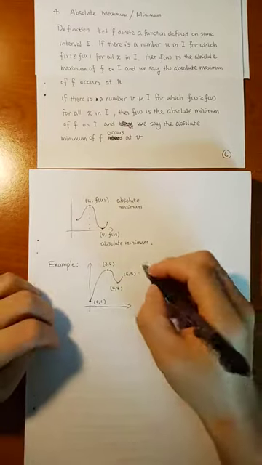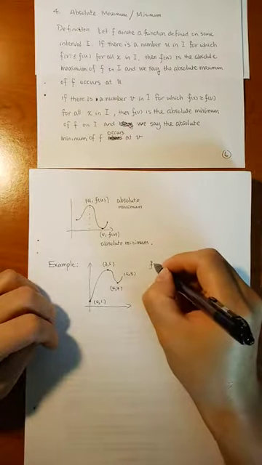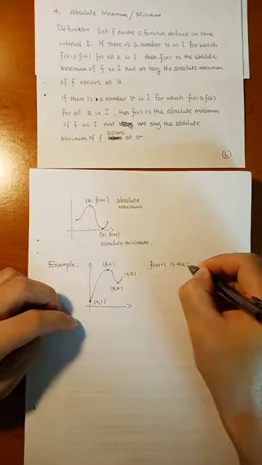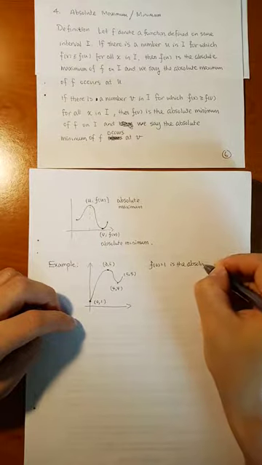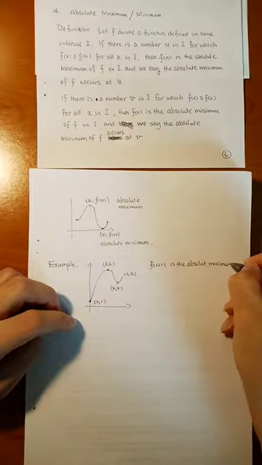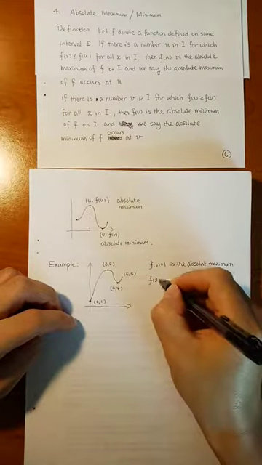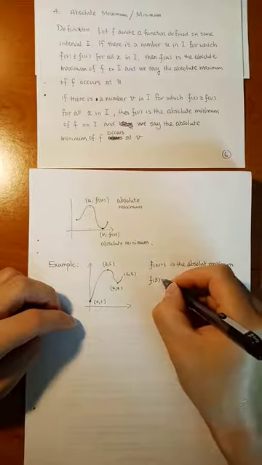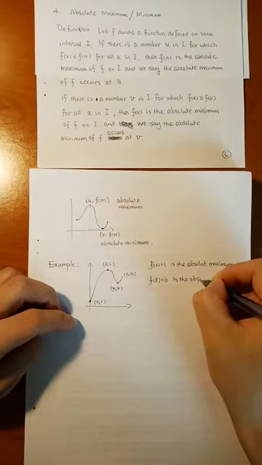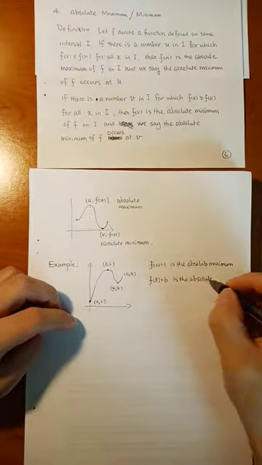So we say f(0) equal to 1 is the absolute minimum. f(3) equal to 6 is the absolute maximum.